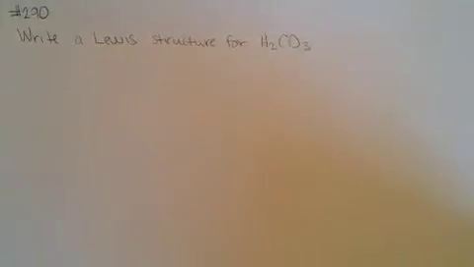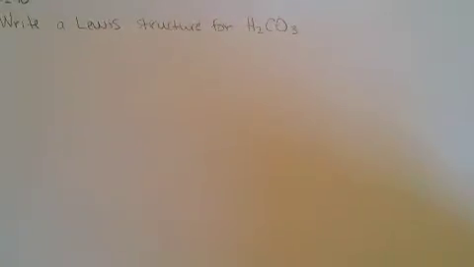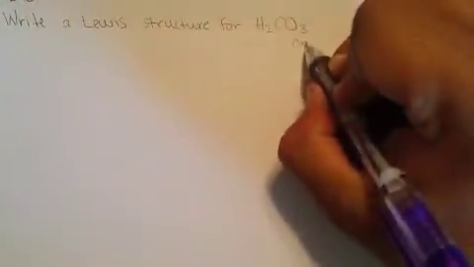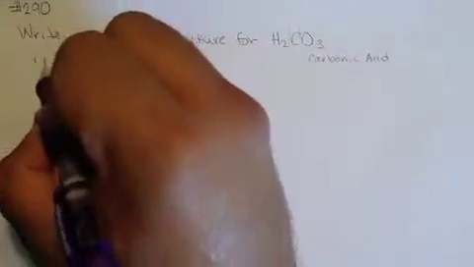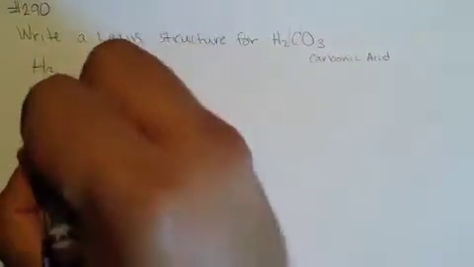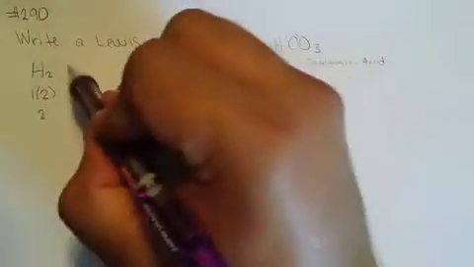In this problem, they're asking us to write the Lewis structure for H2CO3, which is carbonic acid. First thing you want to do is break them off separately so you can know how many electrons you have in total to work with. So you have your H2, which will be 1 times 2, will give you 2 electrons.